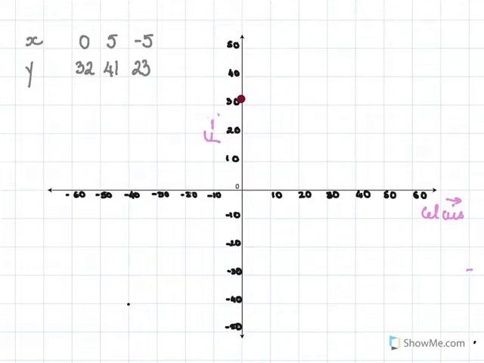Then (5, 41) would be somewhere here. Then x minus 5, y 23, so that would be somewhere here.